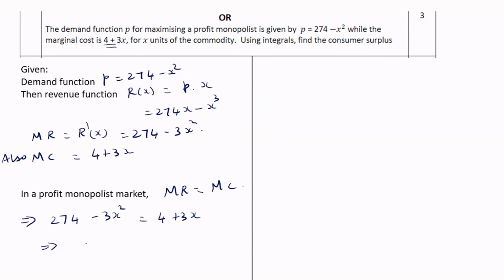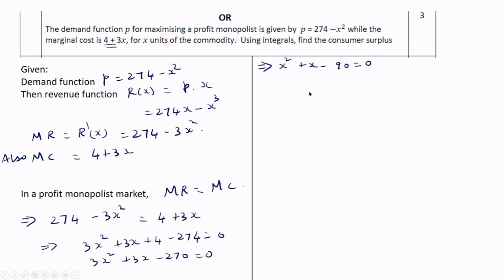Let us transpose to one side. 3x square plus 3x plus 4 minus 274 equal to 0, or 3x square plus 3x minus 270 equal to 0. If we divide the entire equation by 3, we get x square plus x minus 90 equal to 0.